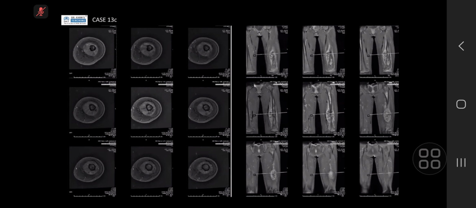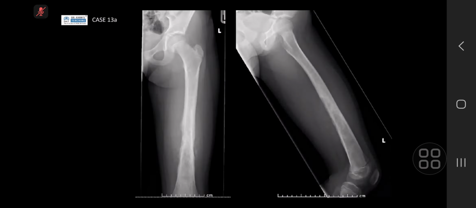And you saw on the plain film, this is a really nice plain film showing that aggressive periosteal reaction, which you really nicely described. Particularly on the lateral, you can see distortion of those soft tissue planes and that chaotic appearance of the bone. This is far more aggressive than you would expect to see, particularly the length of the lesion.